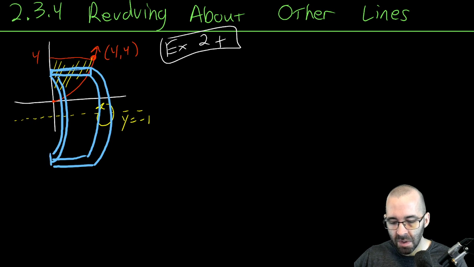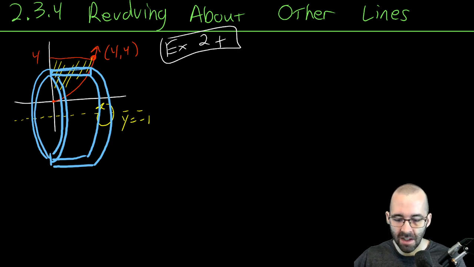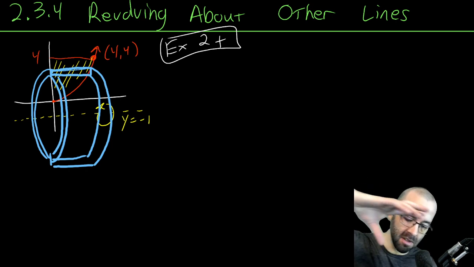Okay, so what's changing and what's staying the same? If we look at this shell, which again goes all the way around, it's really hard to draw this as a picture, but we have these sideways shells now.